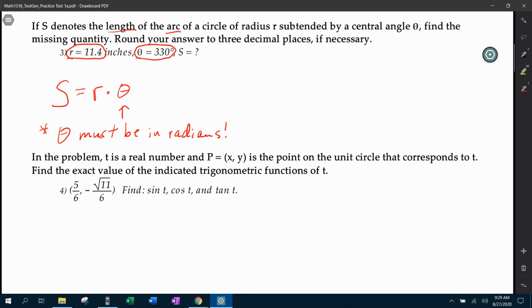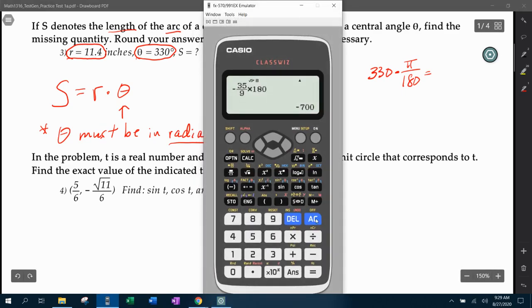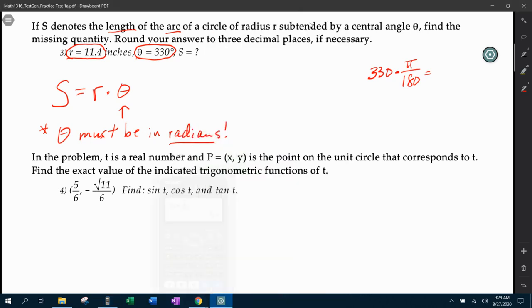Okay, so the first thing we're going to have to do, since we're given a degree, is we're going to have to convert it to radians. So we're going to come over here to the side, and we're going to take our 330 degrees and convert to radians, which we've already done once in the test already. 330 times pi over 180. 11 pi over 6.